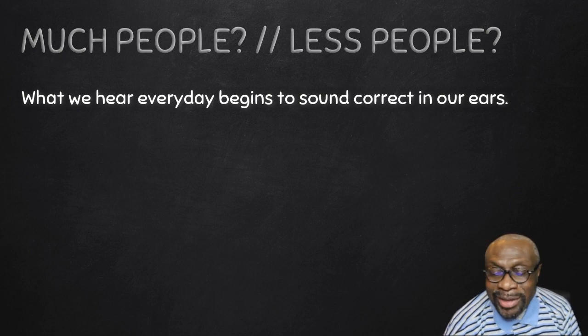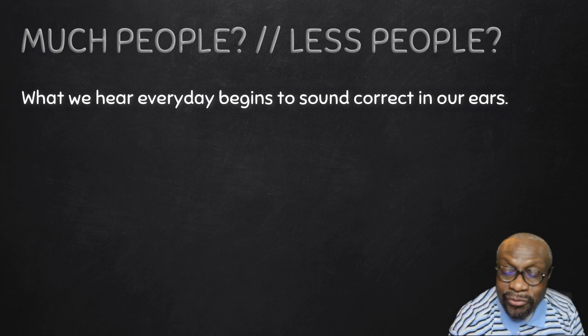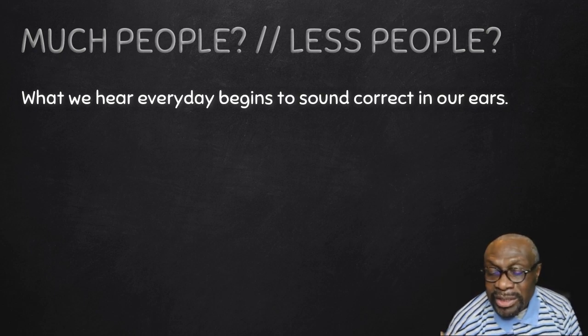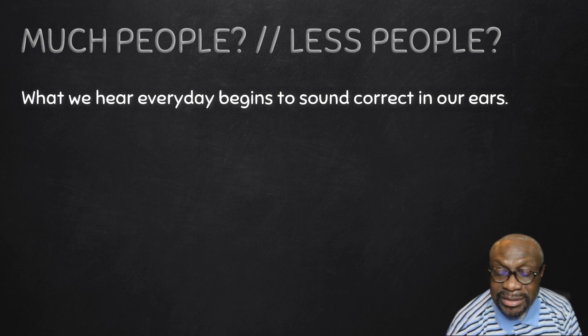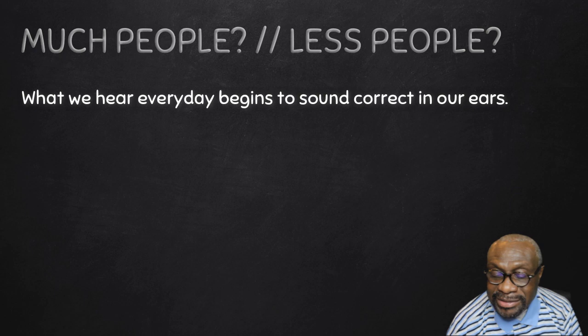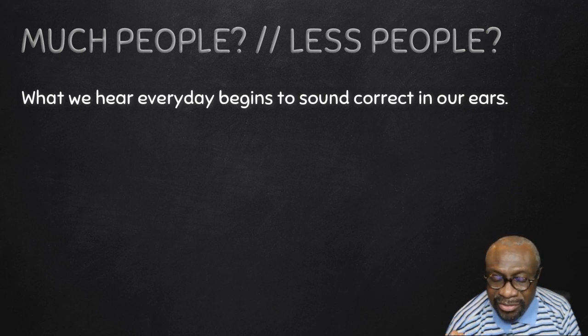So, no wonder we tend to go for much, less. And then we end up thinking that everything should be much or less. Then the earlier grammar lessons we learned at the beginning of our learning of English start disappearing.